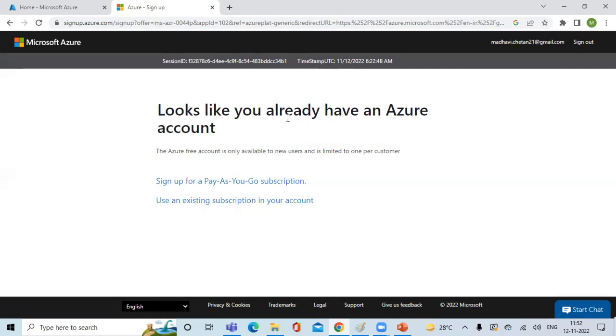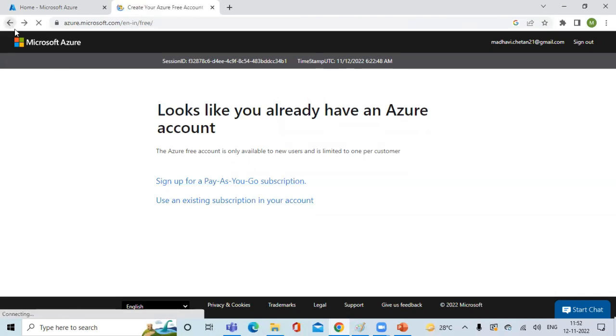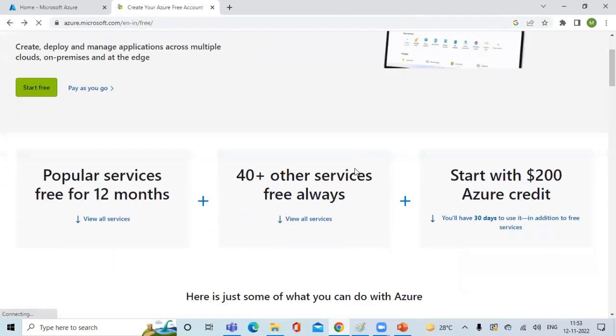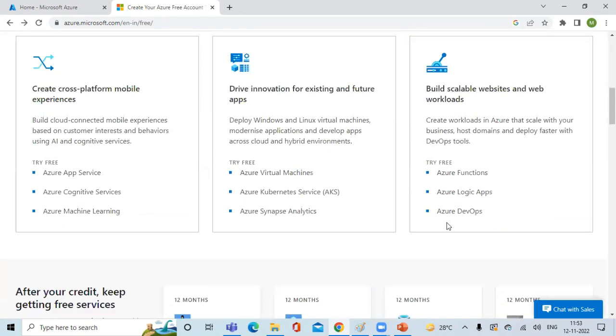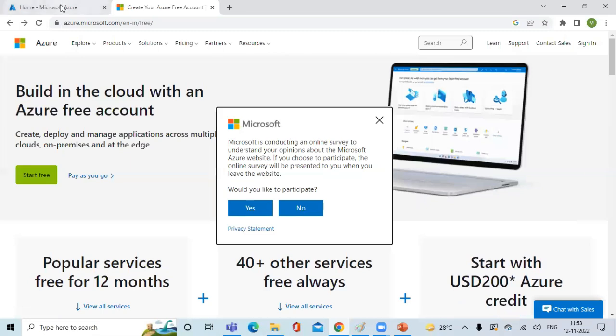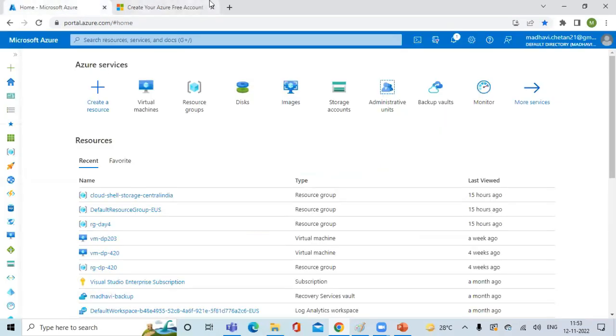See here, it looks like you already have an Azure account. I already have that, and I already upgraded it to the pay as you go account. See here, these are the benefits: you will get 40 plus other services free always, and USD $200 credits.